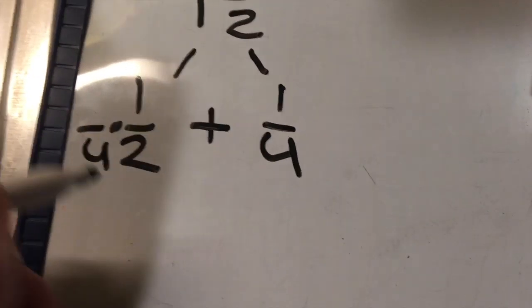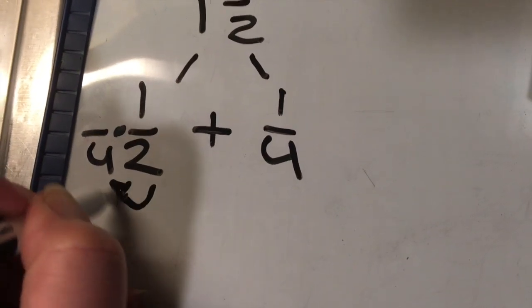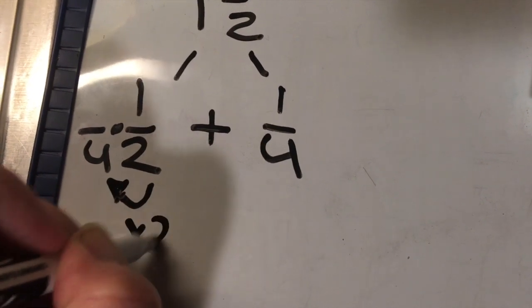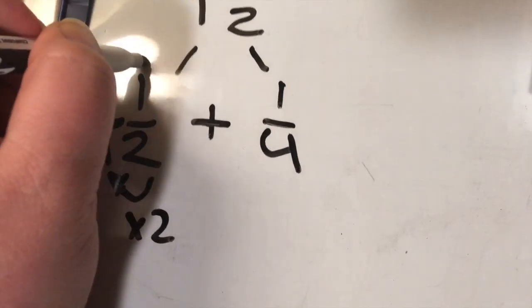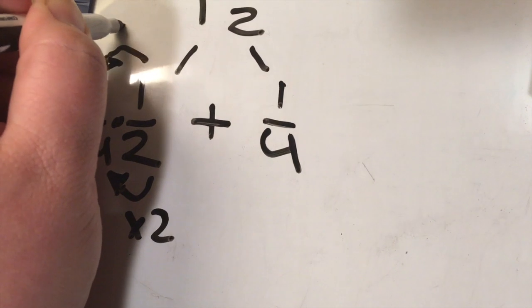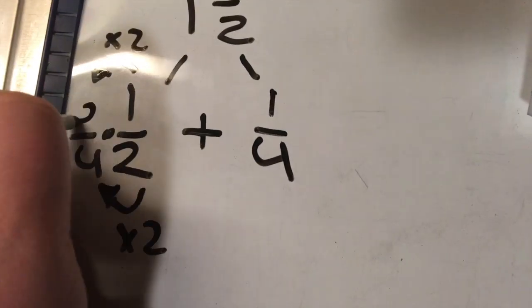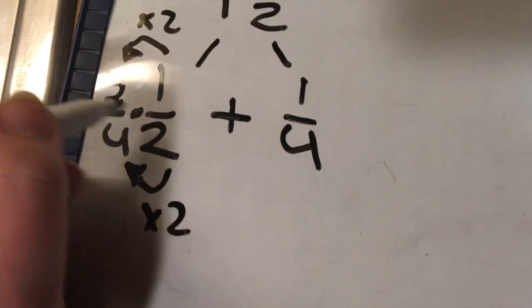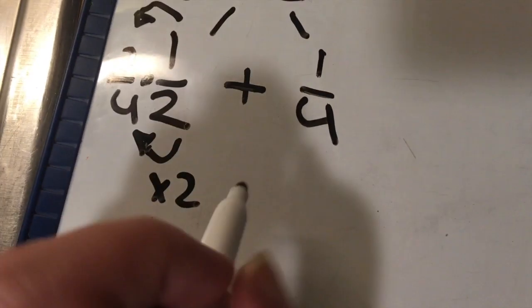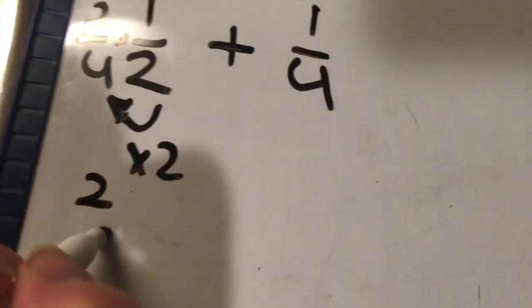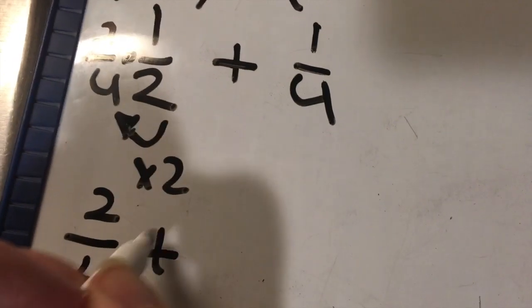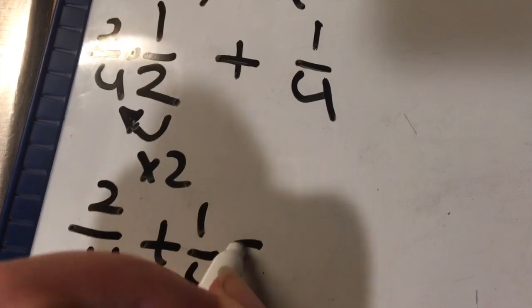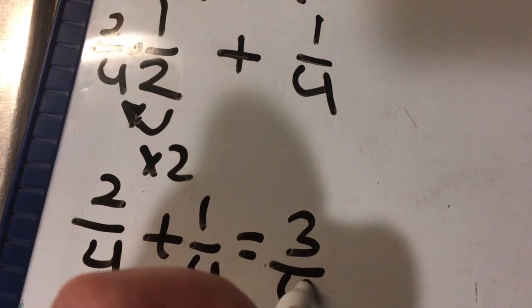And anything we do to the top or bottom, we do to the opposite. So 2 times 2 got us 4, and 1 times 2 gets us 2/4. So 1/2 is equal to 2/4. And then we just add them together. 2/4 plus 1/4 equals 3/4.